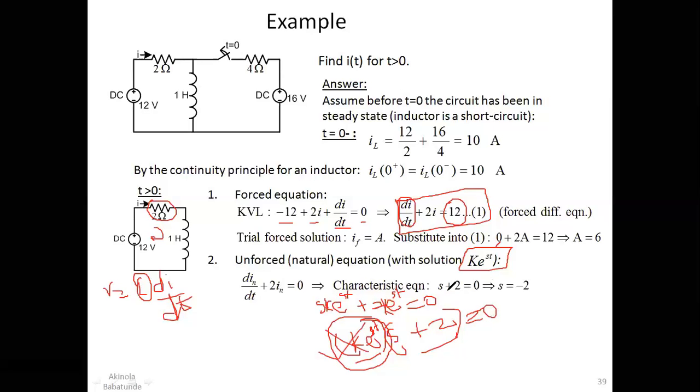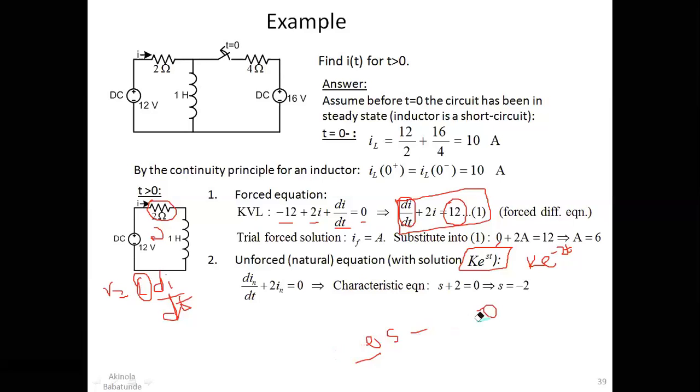And then you get the value of your s to be equal to minus 2. Once you have that, it simply means the natural solution will just be Ke^(-2t), because we found the value of our s to be equal to minus 2.